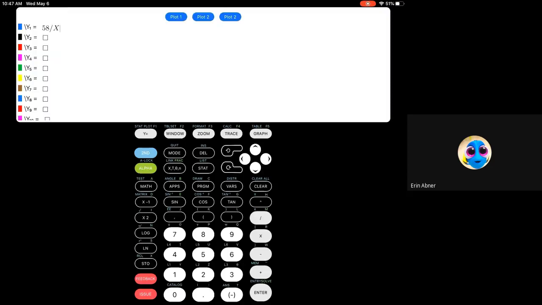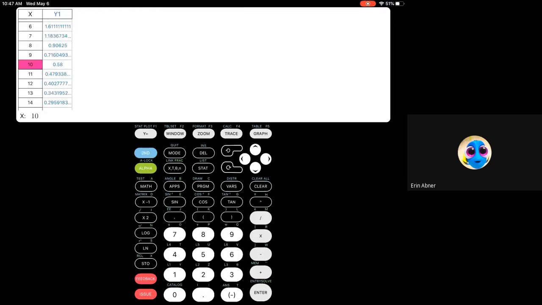Then I can go back to my y equals, clear it out, and say 58 divided by x squared, and then it will tell me if I can simplify the square root. So I'm going to go second table, and if I click up, I don't have any that are going to work. All of these are decimals except for 58, which means that there's no way to simplify the square root.